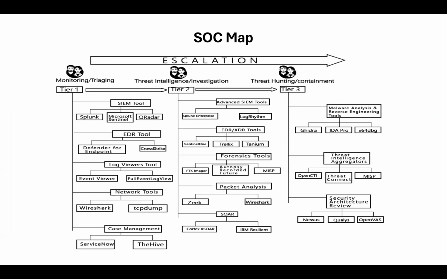So this is an escalation process from the first level to the last level. At tier 1, we monitor, then we trigger on any form of cyber threat. It will be alerted to tier 2, where tier 2 will conduct threat intelligence and investigation. Then the tier 3 SOC analyst will do threat hunting and containment. Next slide.